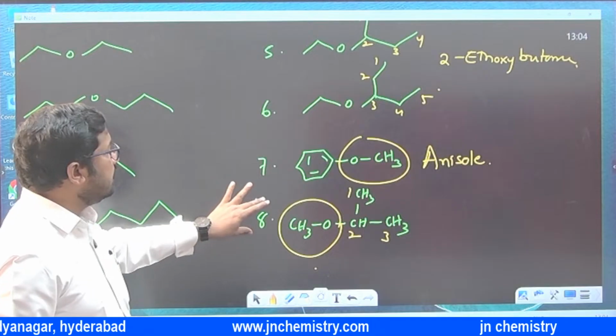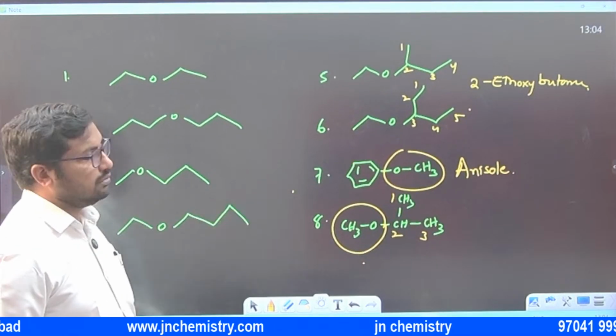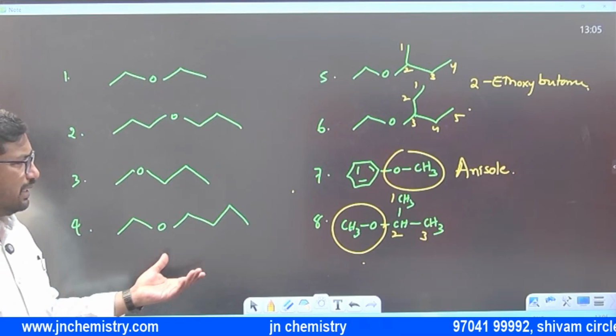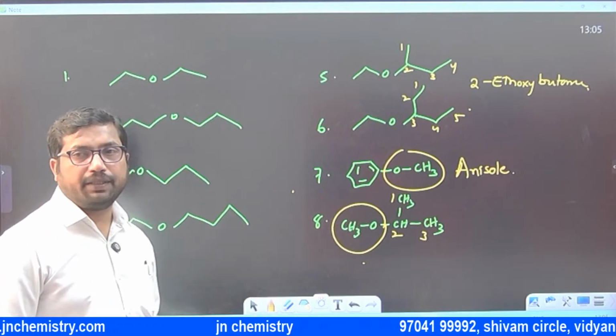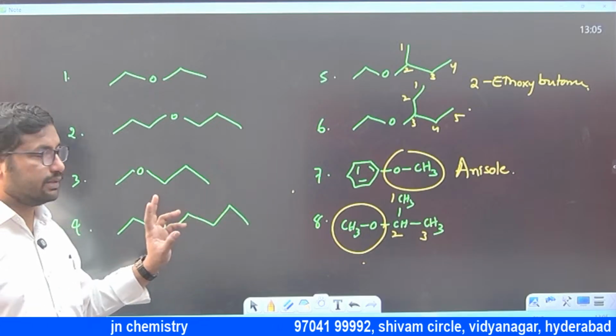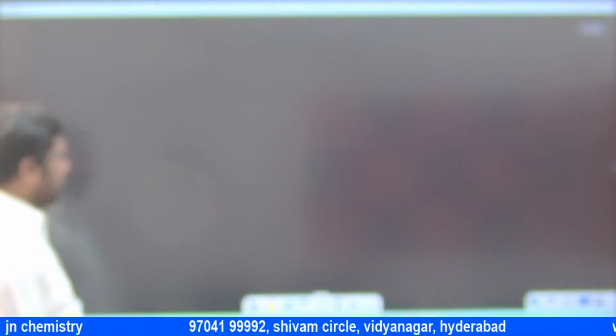Common name also we can say isopropyl methyl ether. So common name also you can, but mainly 2-methoxypropane would be enough. So this is the way which we need to do the ethers. Next, Nana.